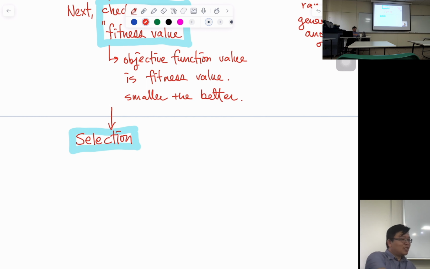Why do they do that? They want the good chromosomes to have greater probability to be chosen. They believe a good chromosome with good fitness value has greater opportunity to contribute to finding the solution. Because out of the current chromosomes, some are good, some others are bad.